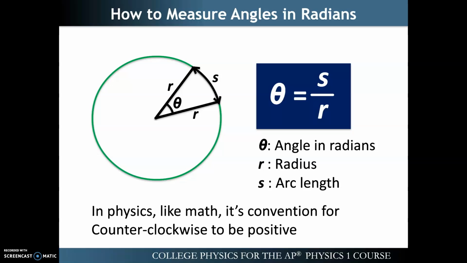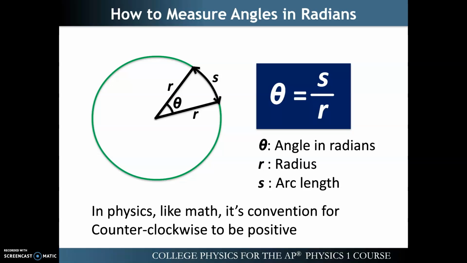If we have, let's say, a circle, and we're going to just look at a segment of this circle, we have an arc length s, a radius r, and an angle theta. And this angle is what the arc length chunks out, what it traces, perhaps might be a better term.